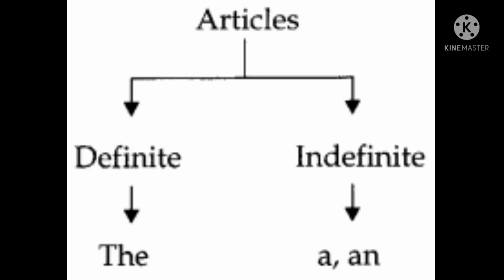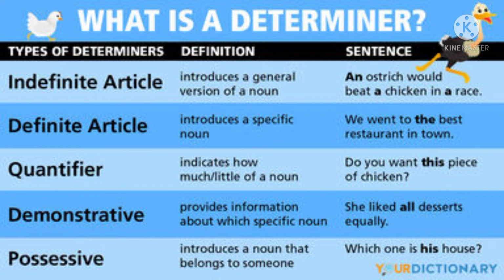First one is articles. It can be divided into two types: definite articles and indefinite articles. The is the definite article, and a and an come under the indefinite articles. Look at the picture here, the definitions of each type of determiner with example sentences.